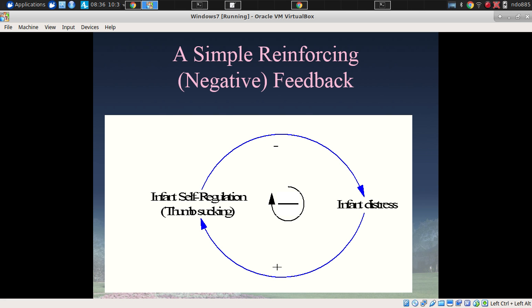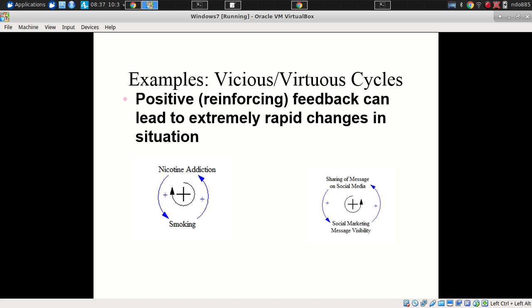They act in the opposite direction, hence negative, compared to the original one. If infant distress goes up, it leads to a series of changes that lowers infant distress. If infant distress goes down, they're less likely to suck their thumb, and it doesn't push back against it to that degree.